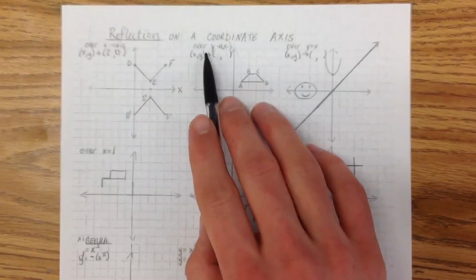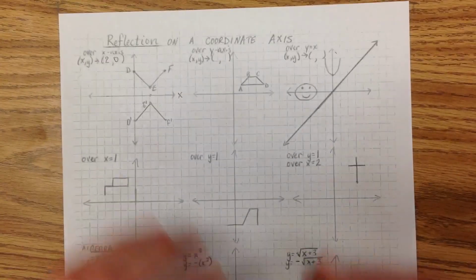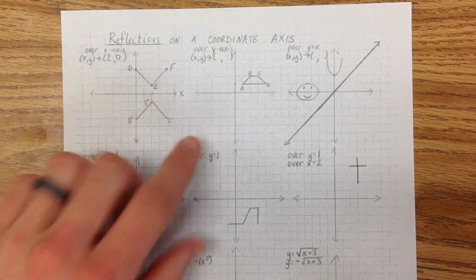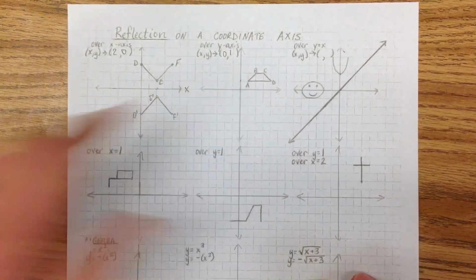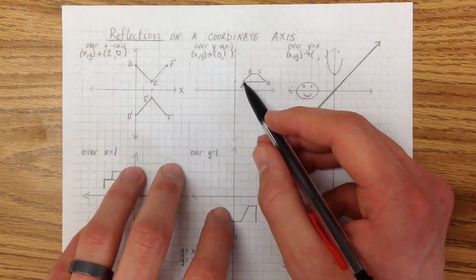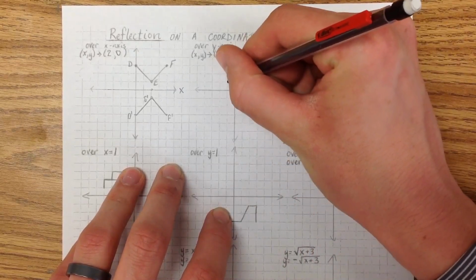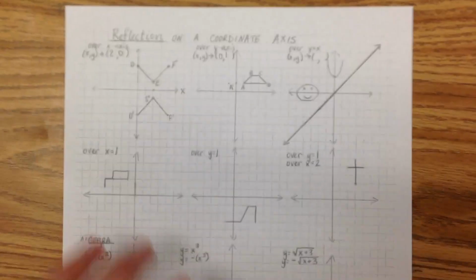Now this one says reflect over the y-axis. So again, that's x, this is y. So I'm going to reflect over this point, that's the point 0, 1. So how far away is A from the axis? It's 1 away, so I go 1 away in the opposite direction.